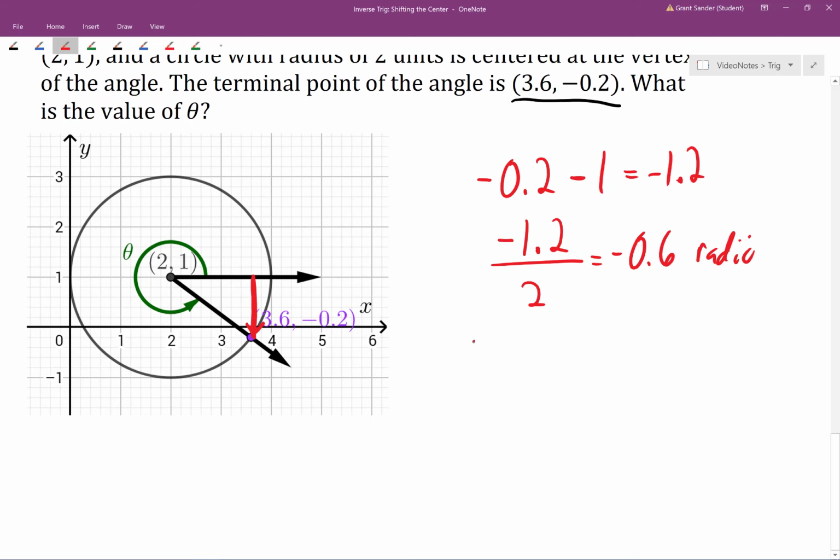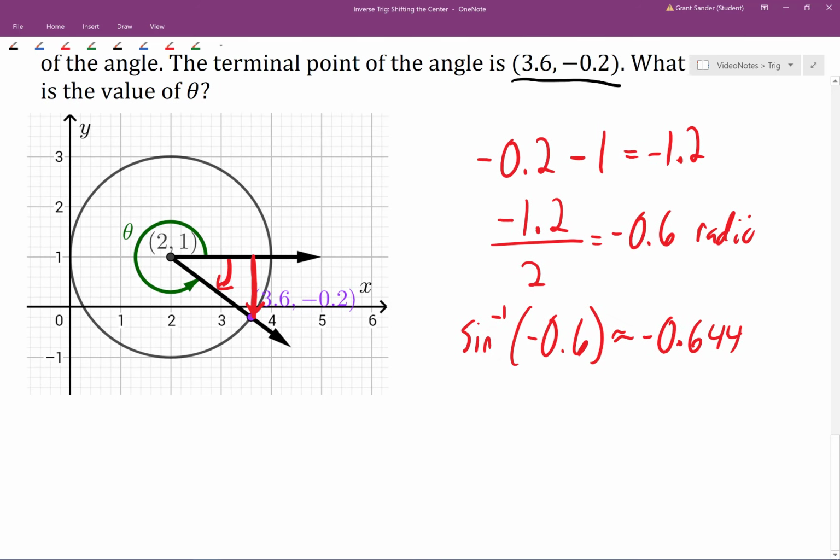So if we compute inverse sine of negative 0.6, that gives us a value of about negative 0.644. Negative 0.644 is not the value we're looking for. That would give us this angle measure right here in red, and then we need to rotate one full rotation in the counterclockwise direction.